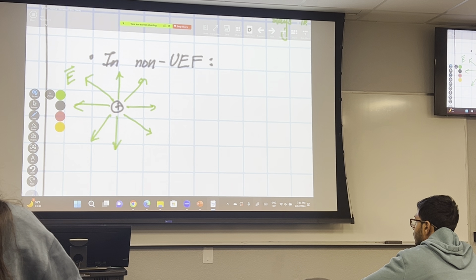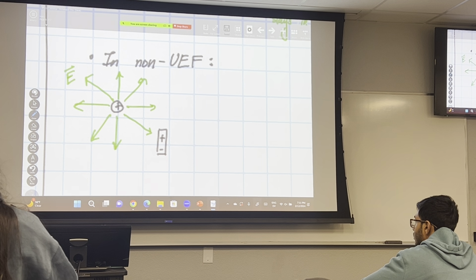And in it, let's say we put a dipole here. How would the dipole respond in this case?